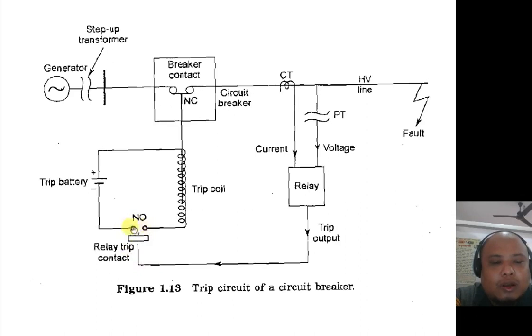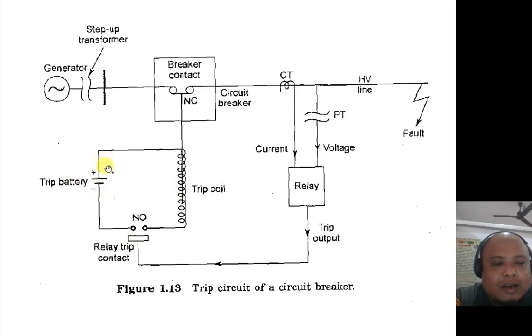Now this secondary circuit is an auxiliary circuit. It is not the main part of this protective scheme. This auxiliary circuit has an auxiliary power source, which is a DC source. Every power system protective scheme has an auxiliary DC source for the trip circuit.